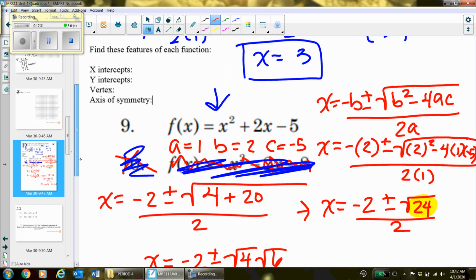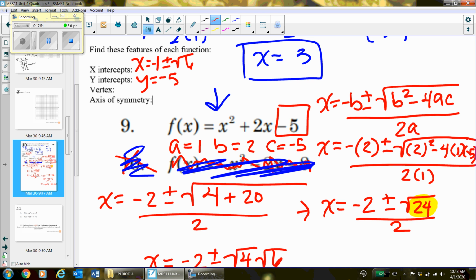My y-intercept is a little bit easier. This number here, our c term, is a part of our y-intercept. The y is equal to -5, because at -5, x is 0, which makes it a y-intercept.